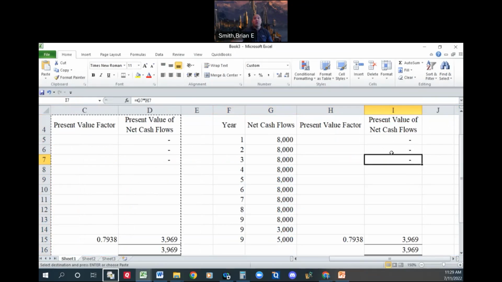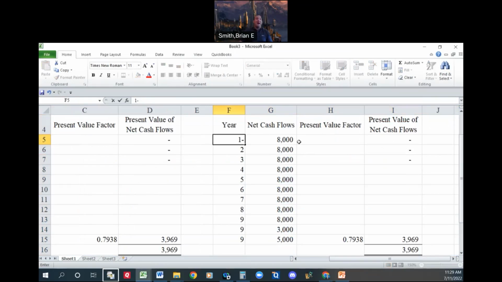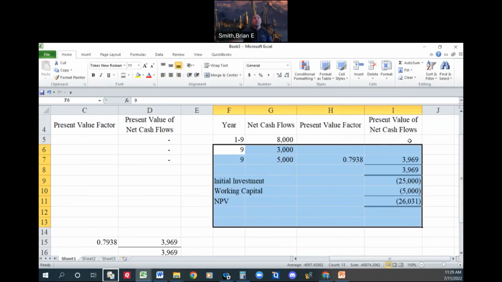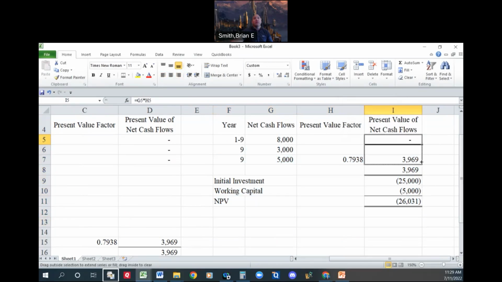And we're going to do years 1 through 9, and we're going to eliminate all of these. And then we're going to go like this. Make sure that these add up. It does. Working capital is $5,000.